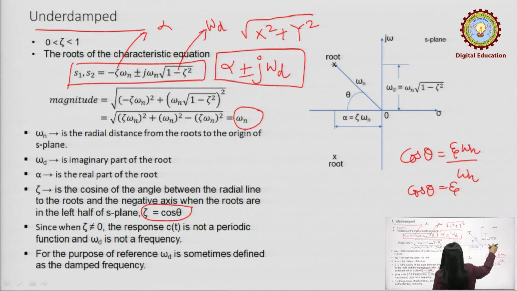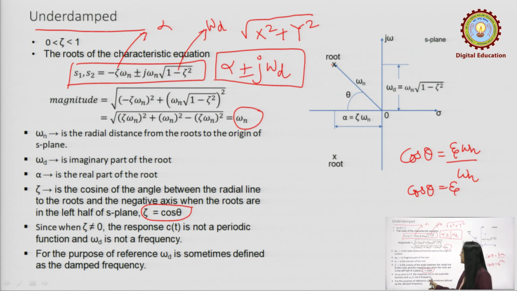What we are inferring from this? It is an S plane, real part, imaginary part, and this is the radial distance we have drawn. Now, zeta is not equal to 0, because when zeta is equal to 0, we have sustained oscillations.